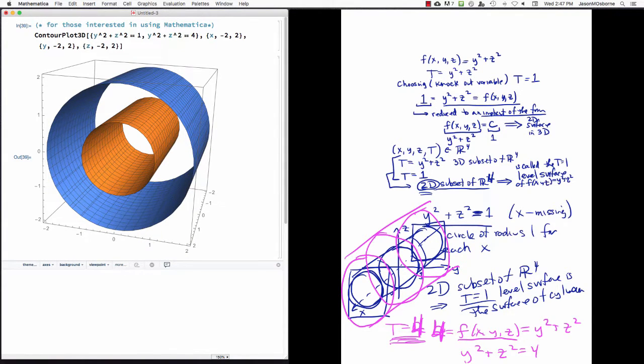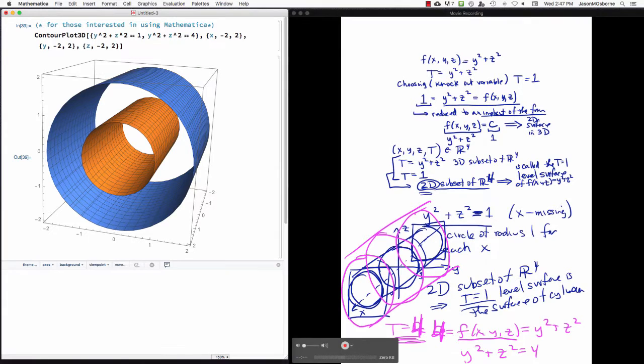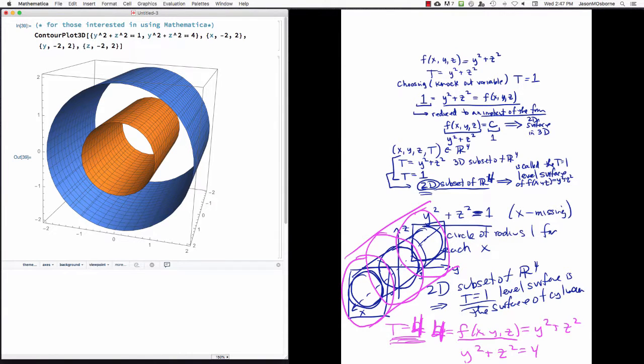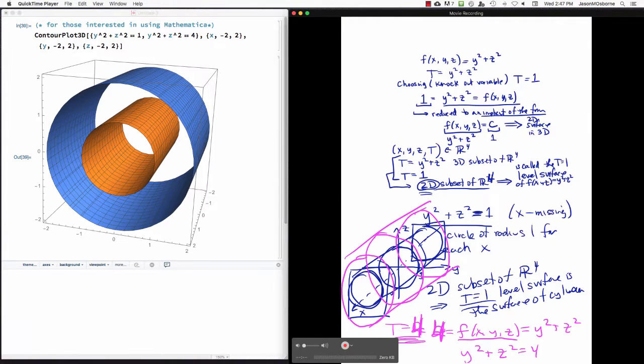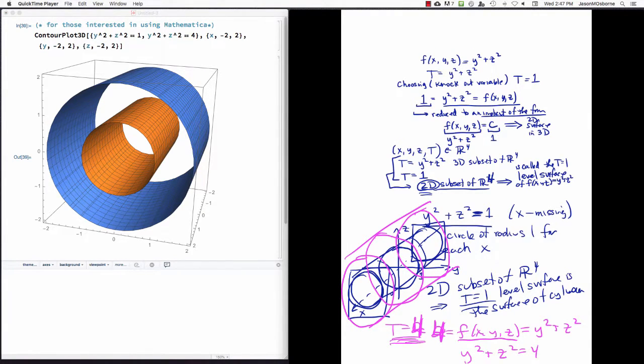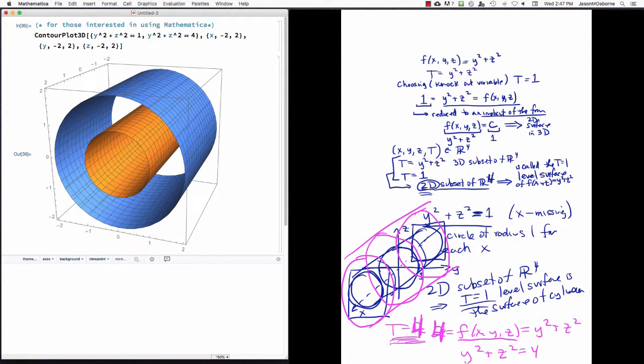Pick a point in three-dimensional space, plug it into the function, and that will tell you the temperature at that point in space. And once you select a specific value of T to make the level surface, everything that is at the same color is at the same level of T. So everything in orange is at the level t equals 1. Everything in blue is at the level t equals 4.